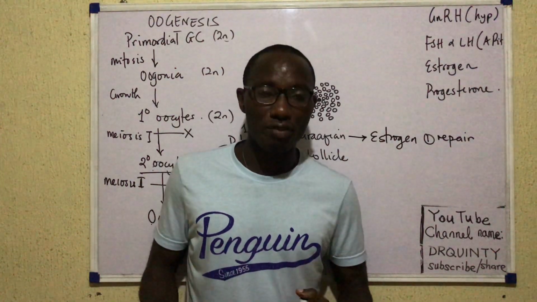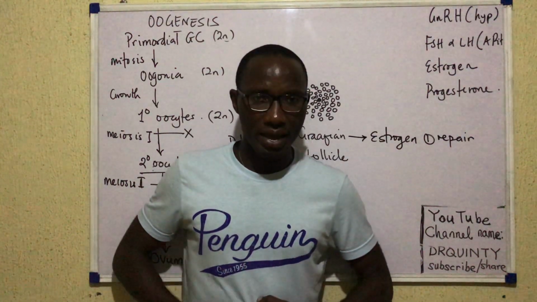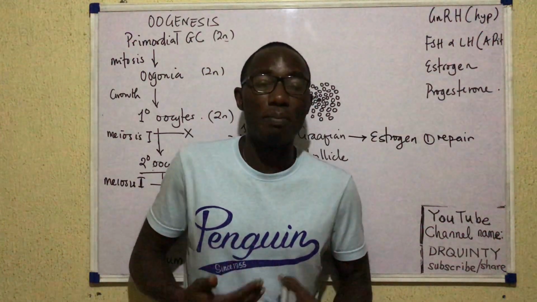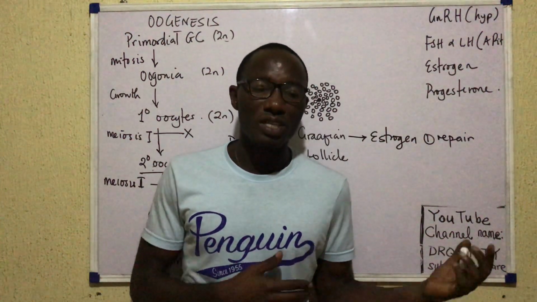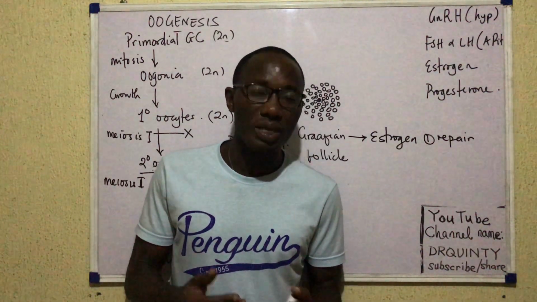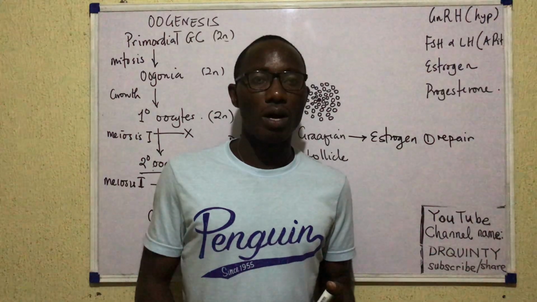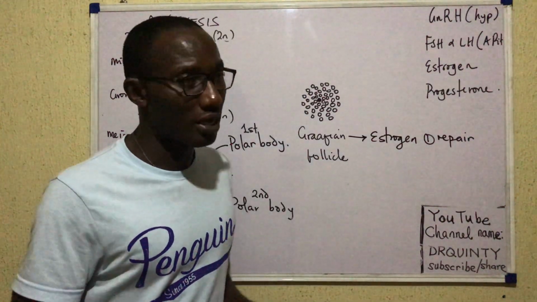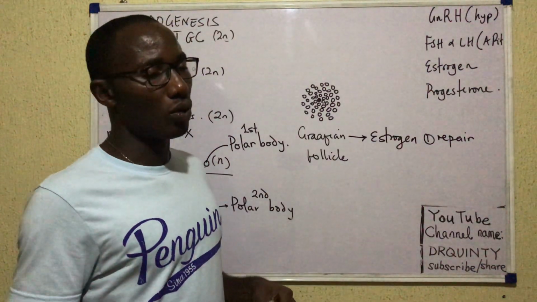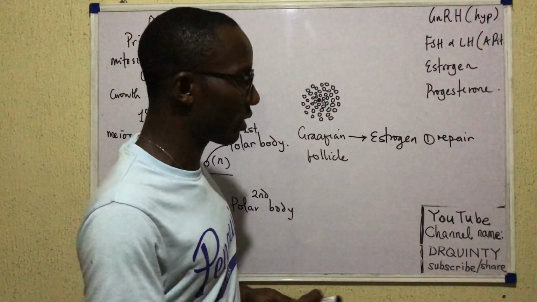After the sloughing off, there's the need for repair, just in case there's pregnancy, so that implantation can take place. So that's estrogen's first function, to repair the wall of the uterus in anticipation of pregnancy.